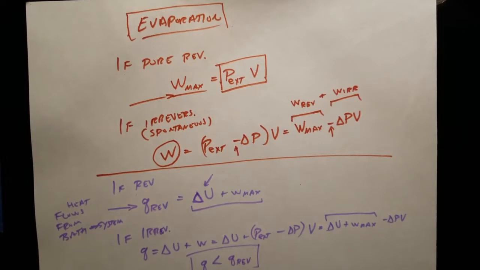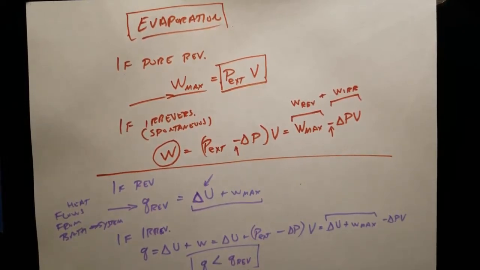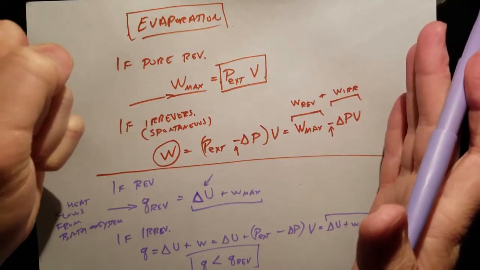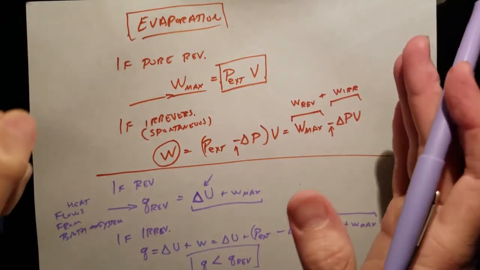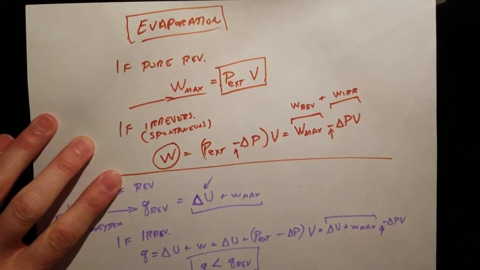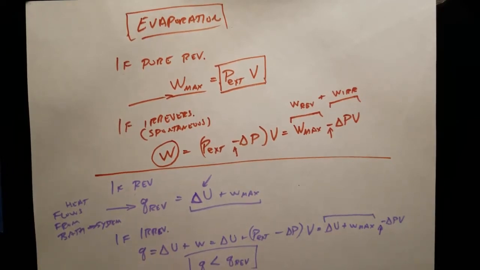So it's saying that if the evaporation process occurs spontaneously because we pulled on the cylinder a little bit to decrease the pressure, the negative sign, then the heat that flows into the system from the heat bath is less than if it were a purely reversible process.